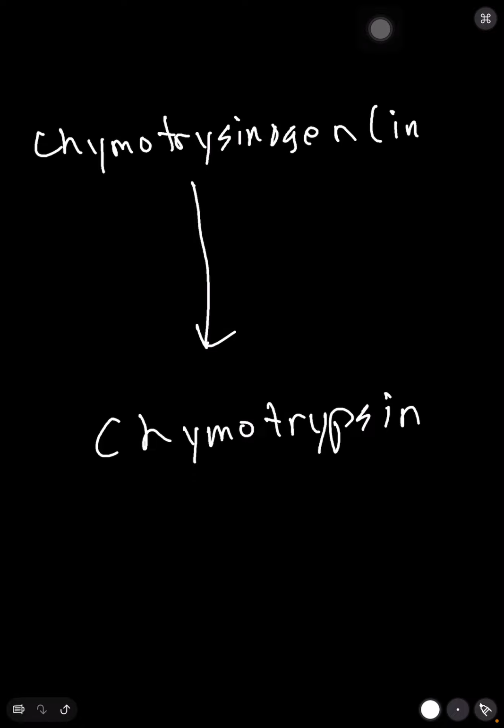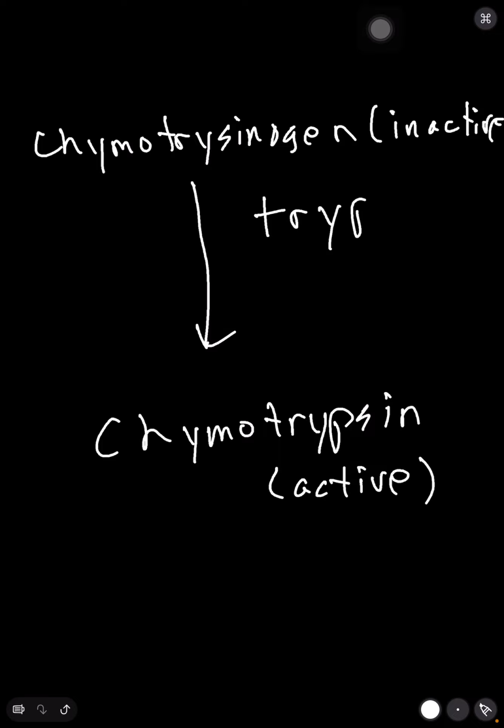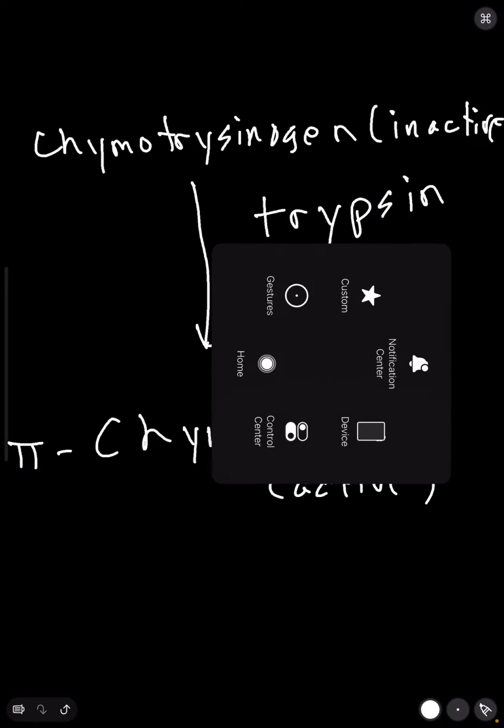Chymotrypsinogen is inactive, and this one is active. And this reaction is catalyzed by an enzyme called trypsin. Okay, so what does trypsin do? Well, I'm going to preface by saying, actually, this isn't the final form of chymotrypsin. This is actually an intermediate form called pi-chymotrypsin. We'll come back to this in just a minute.